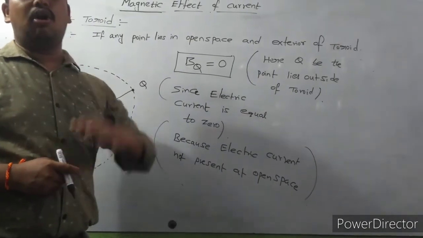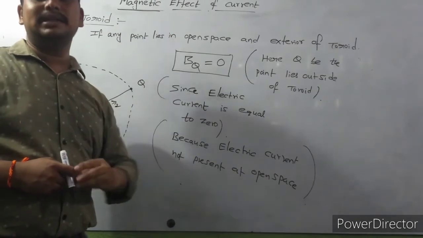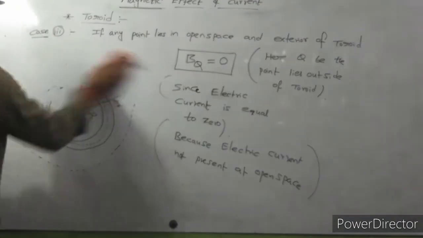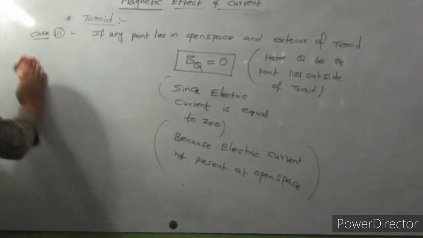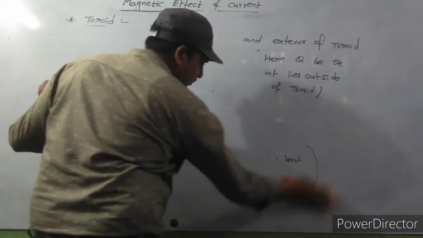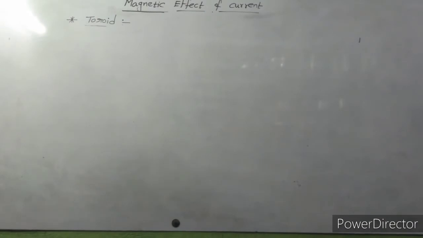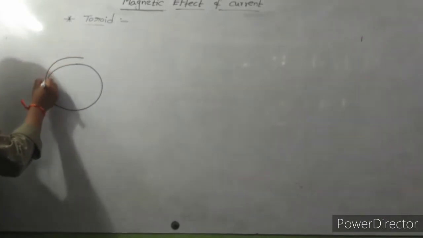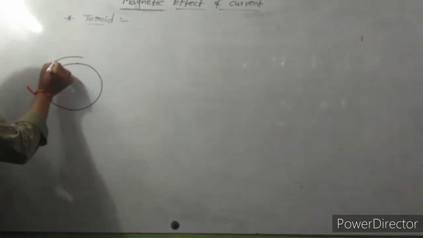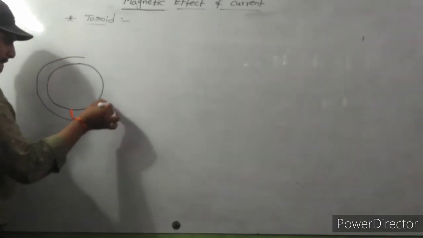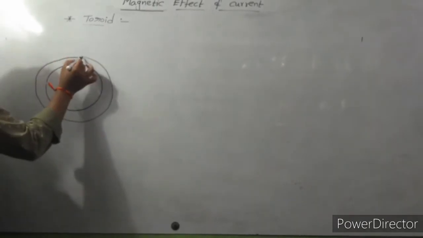So now I will write all the three cases at one place. Observe carefully. Before going to write the three cases, I will draw the diagram. Okay, so this is a toroid.